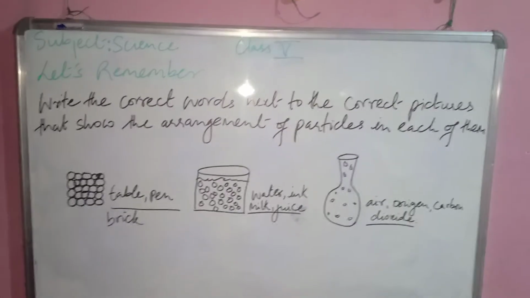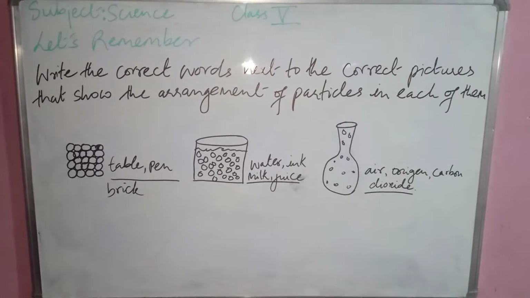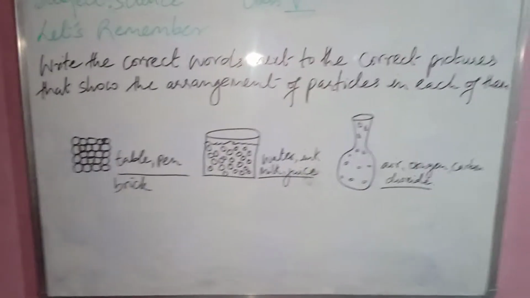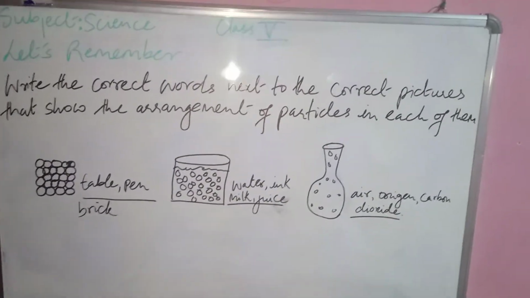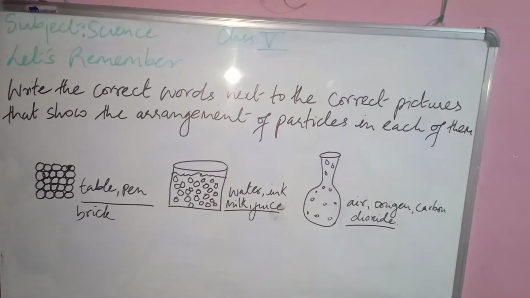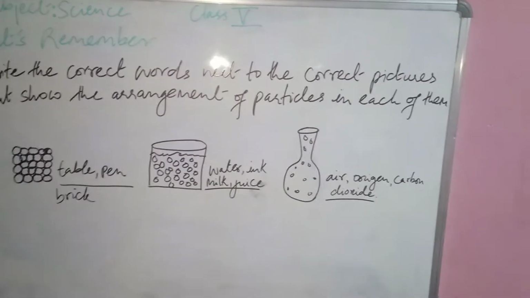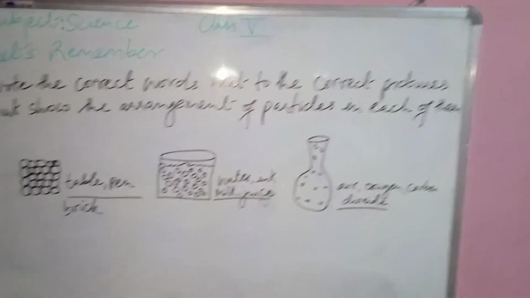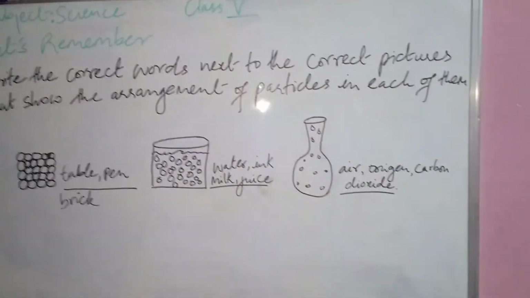In the third one, the molecules are far away from each other. That means it is oxygen or carbon dioxide, in the form of gas. So we have to name it accordingly.